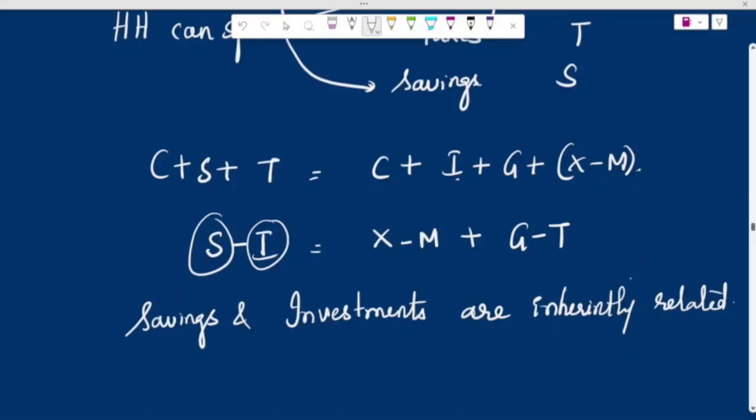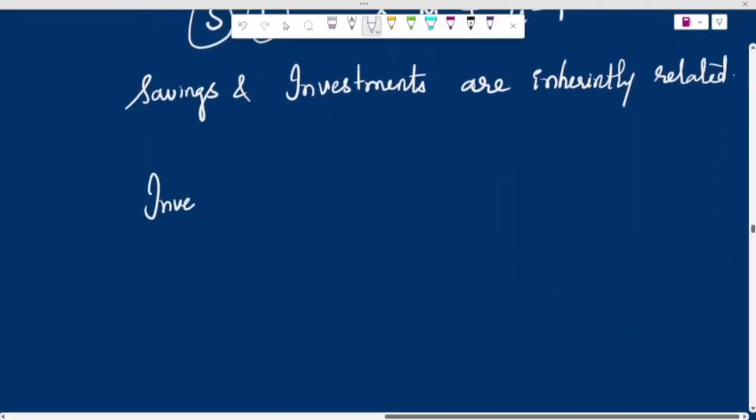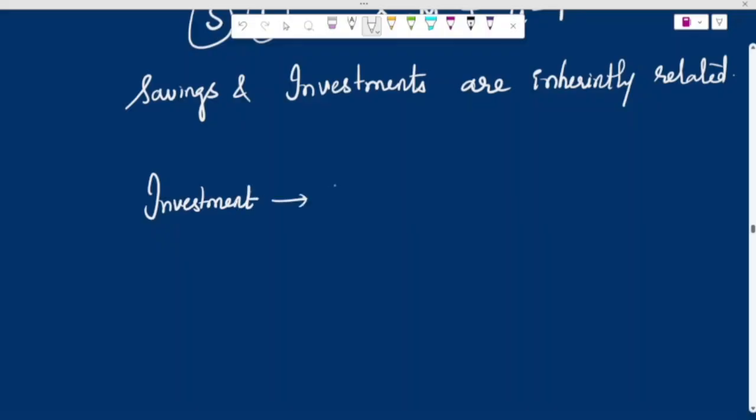Right? That investment has two factors to influence. Two factors will be influencing the investment.